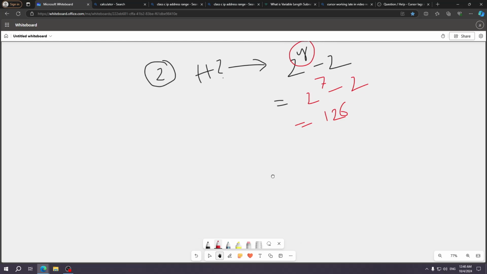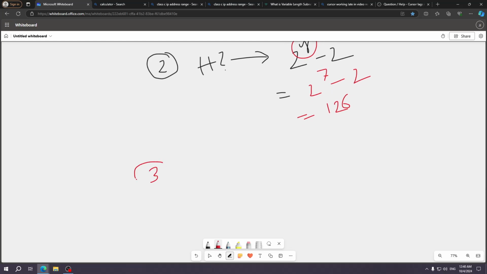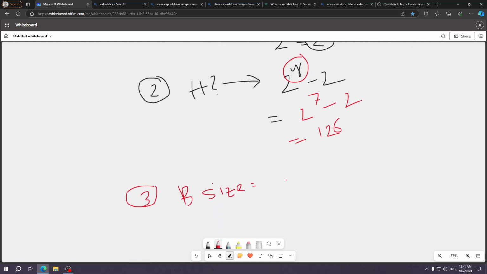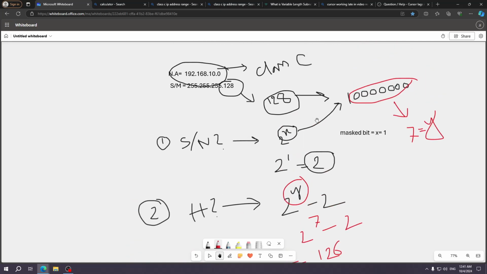Then we have question number 3. We want the block size. If we want the block size, we need to take 256 minus the subnet mask. What is the subnet mask? 128. Why 256? Because in this fourth octet the values go from 0 to 255, so the total is 256.